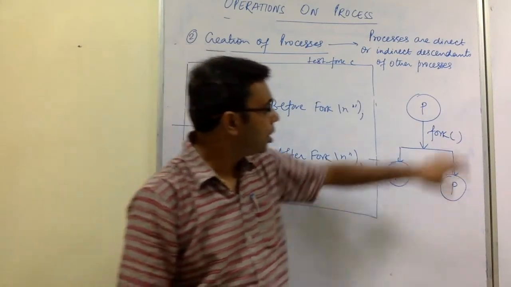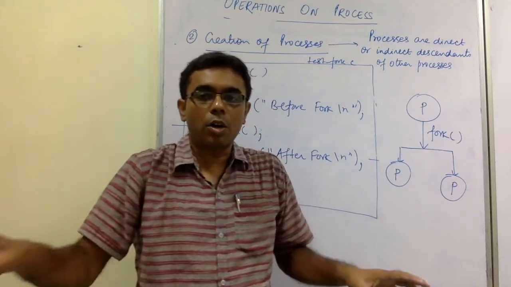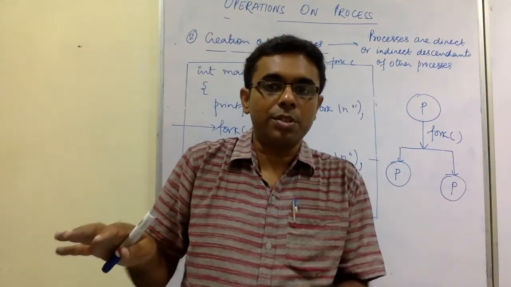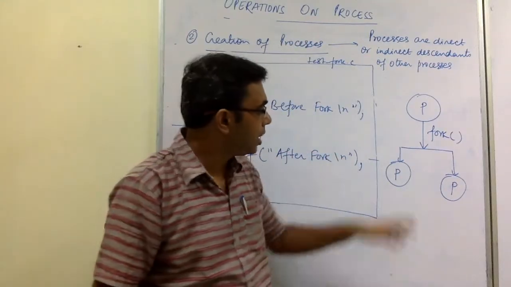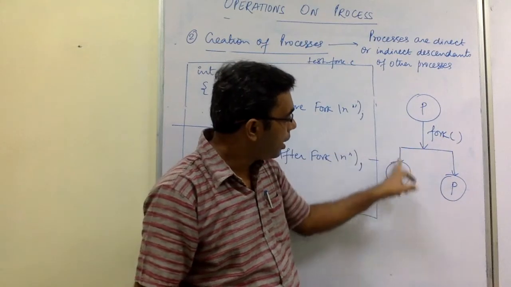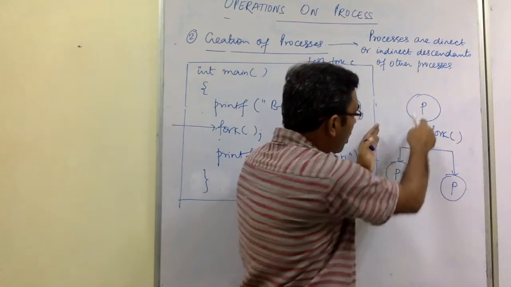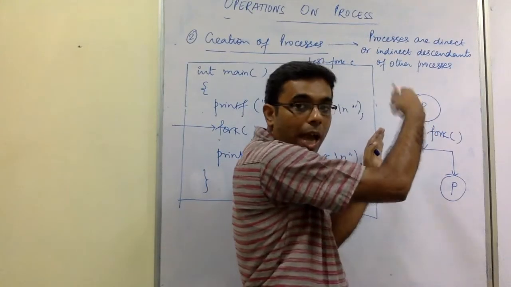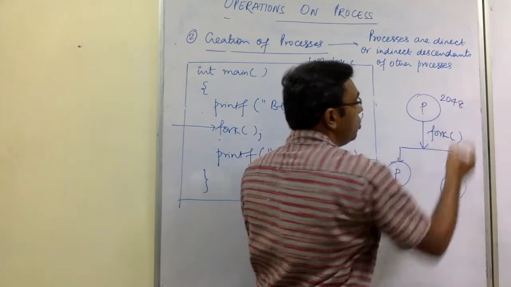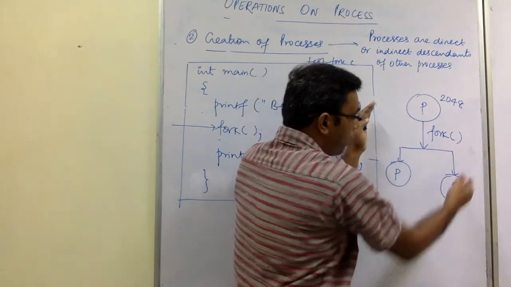The process which was executing, the moment it makes a fork system call, creates a clone of itself. Though I say that it's a clone, this is a new process which is created. So let's look at this diagram. The process P has made a fork system call and creates another copy of itself. Let us say the process P, which had made the fork system call, had a process ID 2048. On making this fork, it creates one more process.